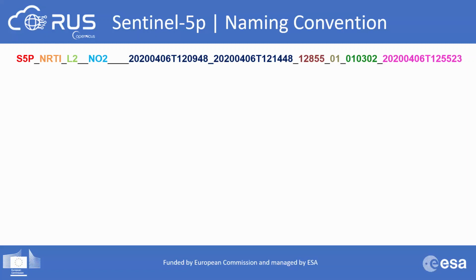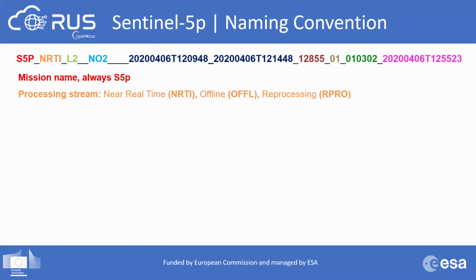and let's split the name into the different parts and have a look. So the first thing we see in red is the mission name, in this case Sentinel-5P, it will always be that. Then we have the processing stream, so here we make reference to the timeliness of the product. Is it near real time, offline, or reprocessing? So you can see on the slide the different options.